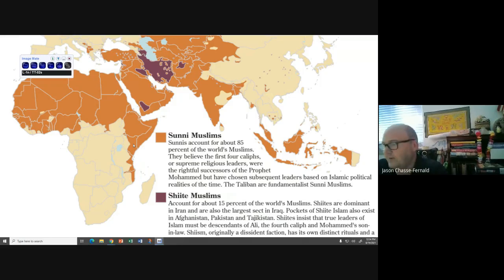Then the third caliph is murdered by a couple of Egyptians who were followers of Ali, and then Ali is named, and shortly thereafter he himself is killed. So Shia Islam will then deviate from the rest of the Ummah in this regard, and in who they believe the actual successor should be.